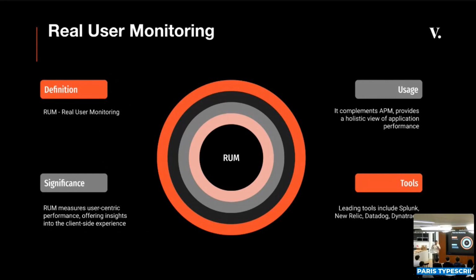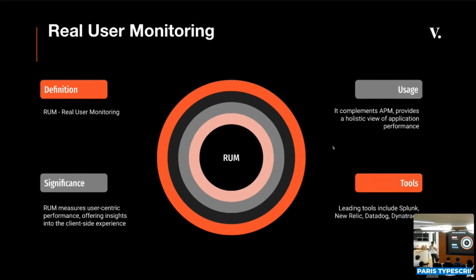It's used in conjunction with something called APM, which is application performance monitoring. And APM typically helps us measure what is happening on the back-end side of our application, right? These two go hand in hand, so you'll be able to monitor the entire request lifecycle and see what is happening across the entire stack.